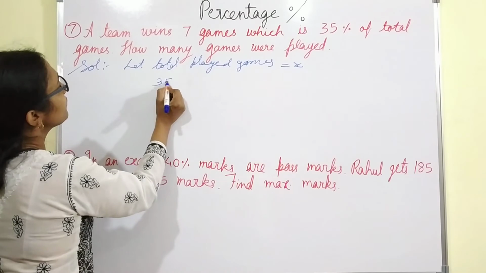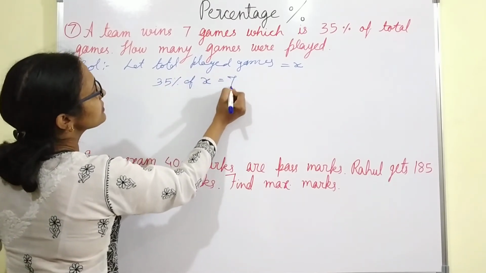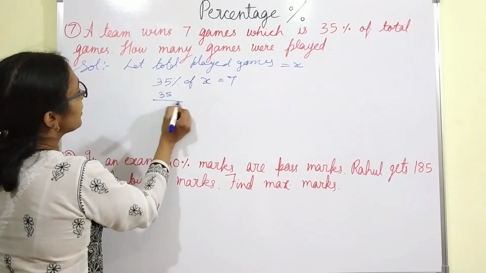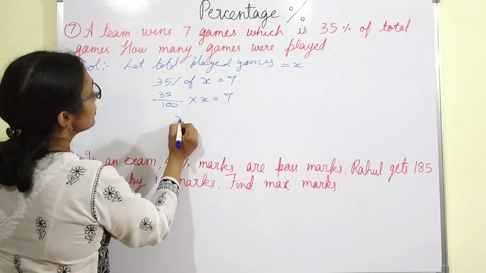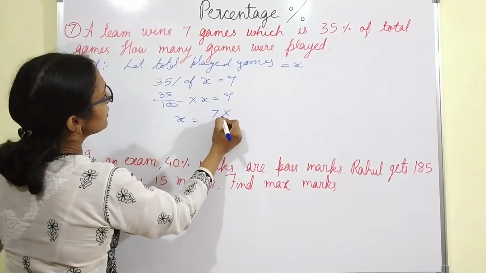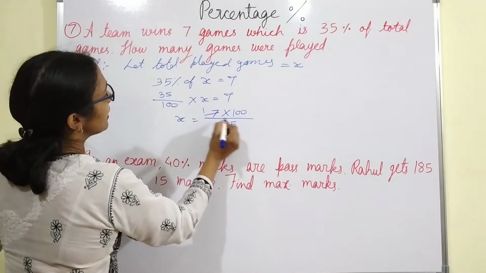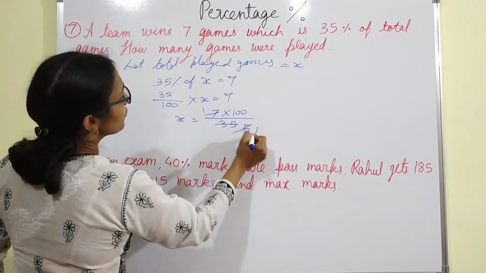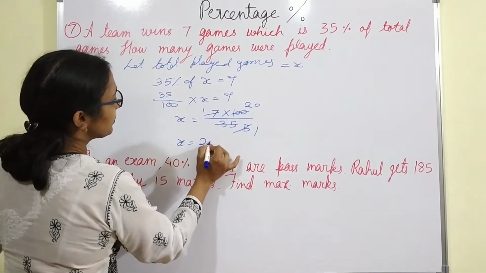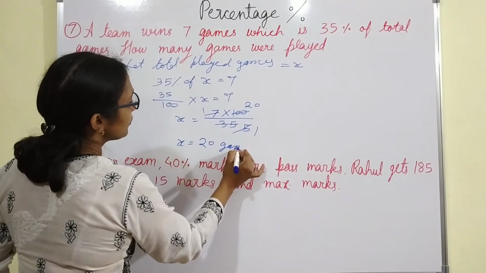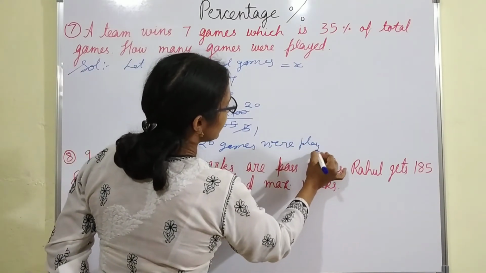So 35% of x equals 7. 35 upon 100 into x equals 7. So x equals 7 into 100 upon 35. 7 5s are 35, 5 20s are 100. So how many total games were played? Total 20 games were played.